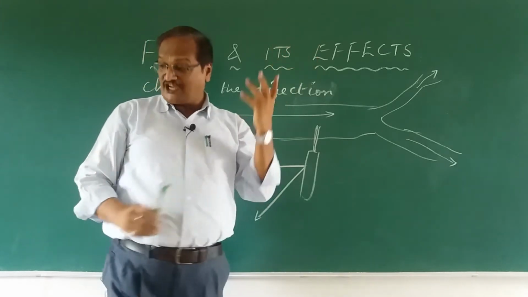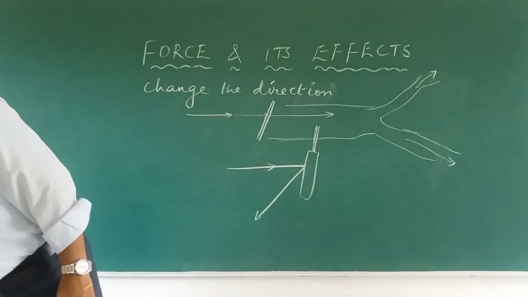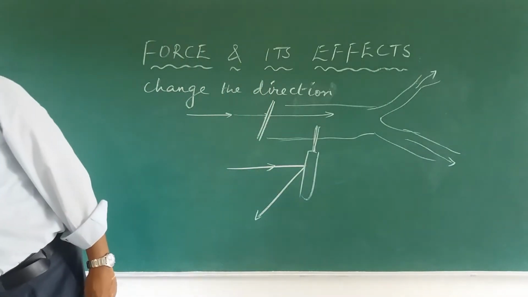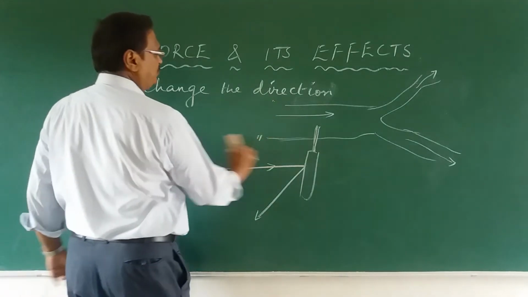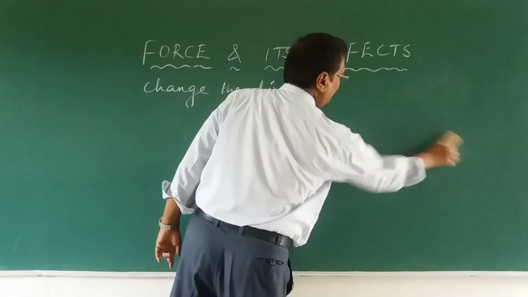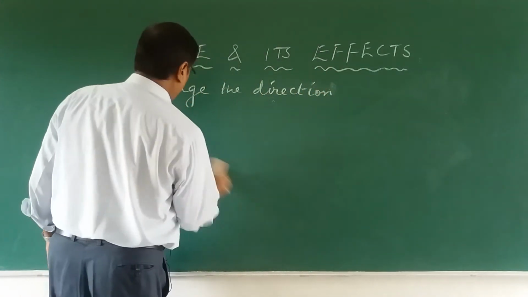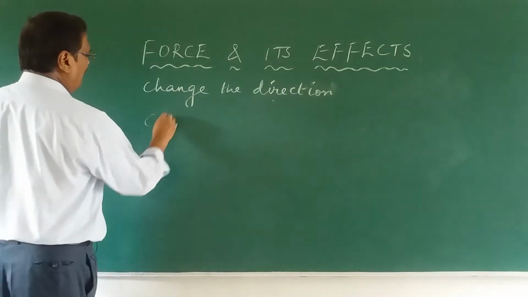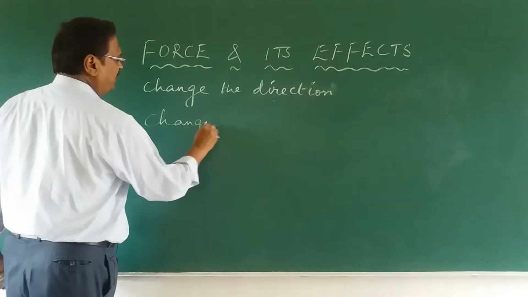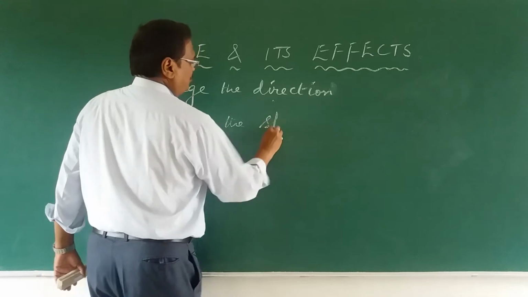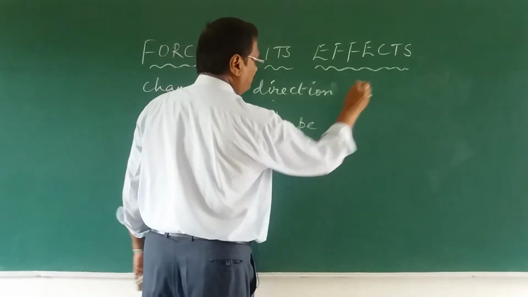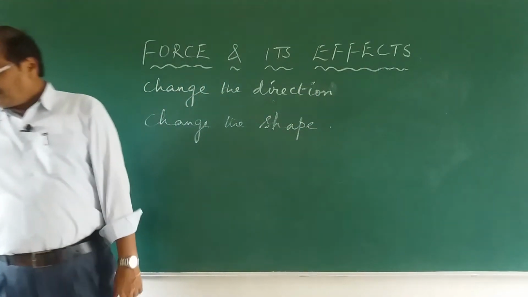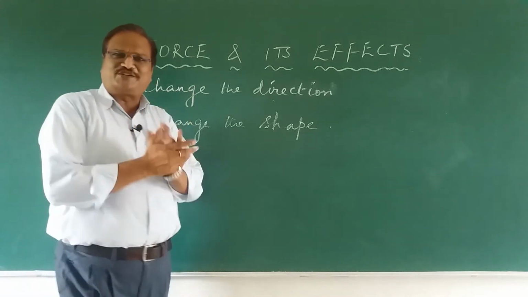Yes, it can change the shape of the body. Let me write it now. It can change the direction. When you apply force, a moving body will change its direction, or it can change the shape of the body. Where will you see this changing of the shape?